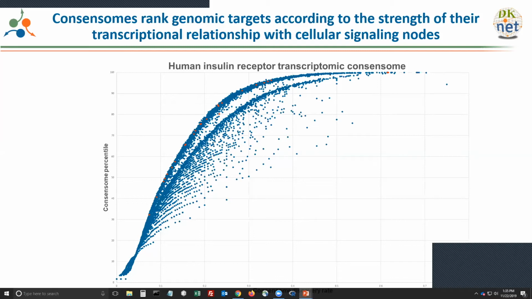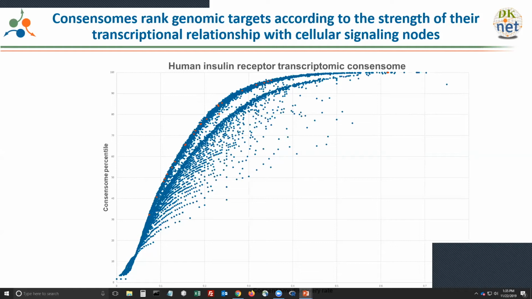Now, by ranking genes based on their responsiveness to a specific node, consensomes offer us a unique environment where the user can actually use SPP to formulate new hypotheses that they wouldn't have been able to using only the information in research literature.